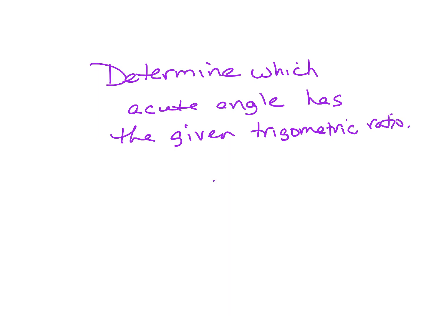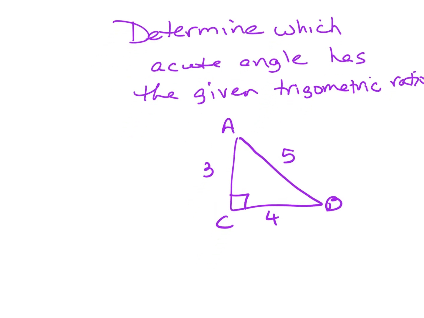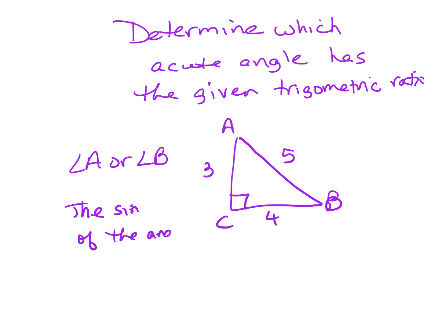Then they're going to give you a picture of a triangle. I'm going to do my classic 3, 4, 5 here. And they're going to say which angle, and they're only referring to the two acutes. The answer is either going to be angle A or angle B. So it'll say something like, which one has the sine of the angle is 3/5.